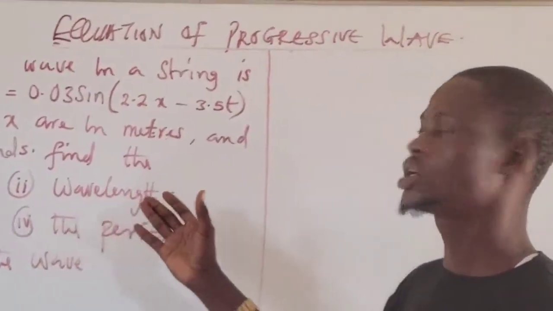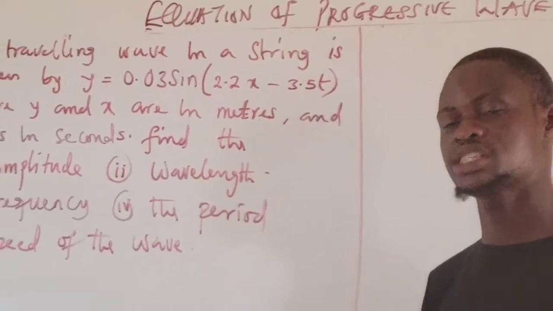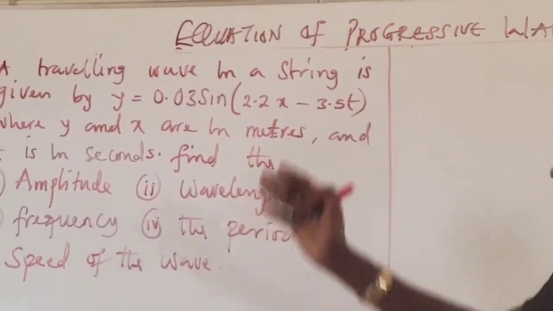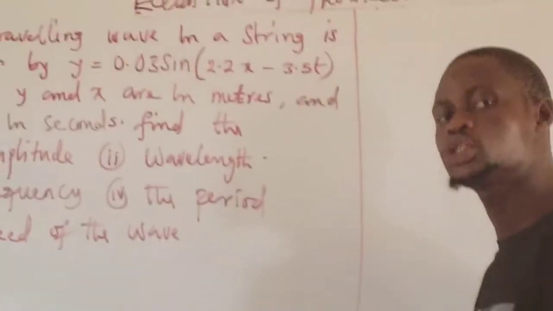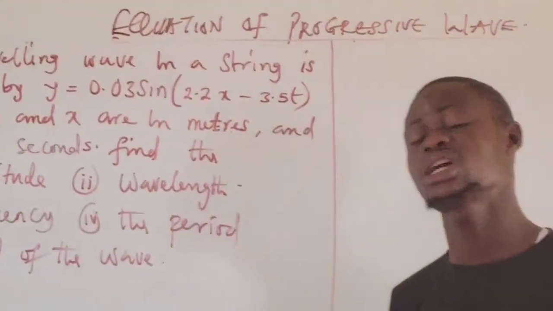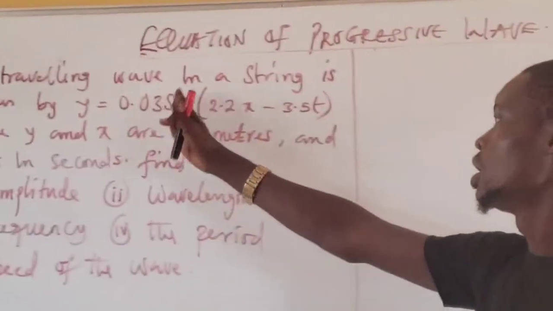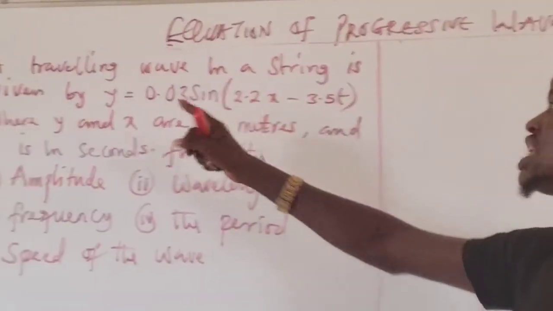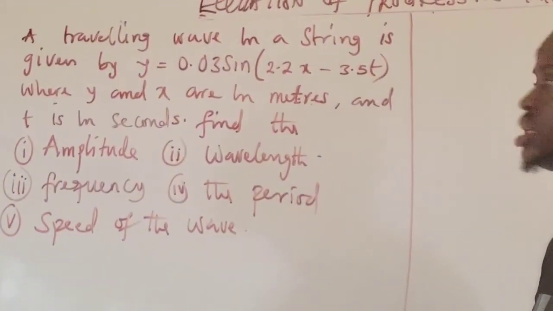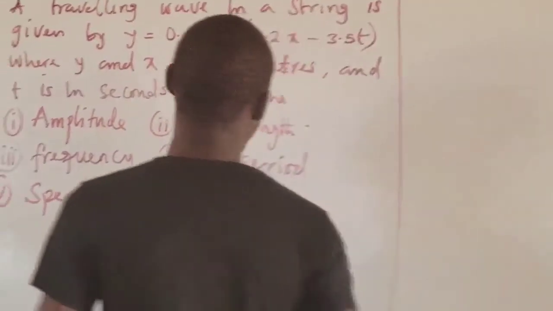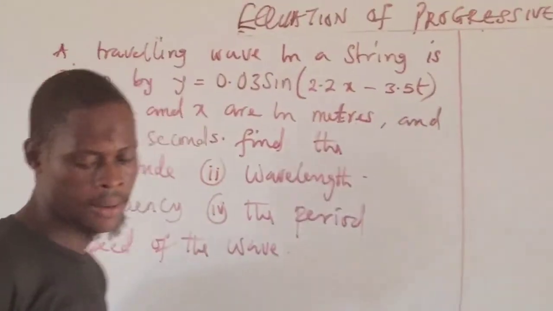Let's take an example on how to use the equation of a plane progressive wave. You're given a question on the board, and I'm going to show you how the equation can be applicable. We have a traveling wave in a string given by the equation y equals 0.03 sine (2.2x minus 3.5t).